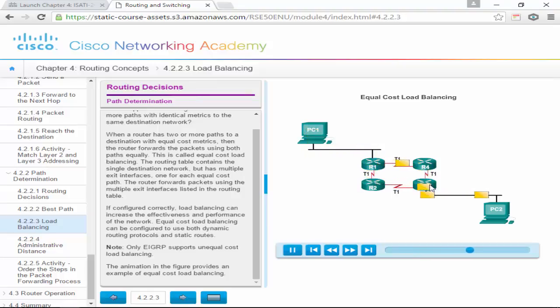We send half of it one direction, half the other, and usually it has to be the same cost, the same metric. But EIGRP, as it says right here, supports unequal cost load balancing if you enable it.